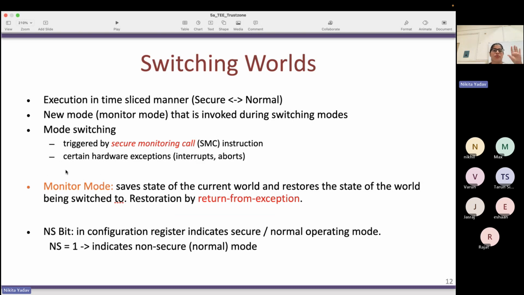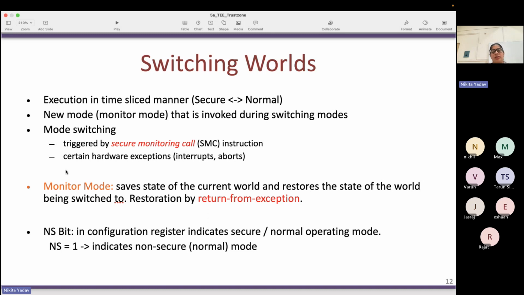Afterwards, what happens inside the monitor mode? Because you are switching from one world to the other world, just as when your applications are running and your OS is running and you switch from the user mode to the kernel mode. If you recall, the operating system saves the context of the process which was running, and then it switches to the kernel mode.